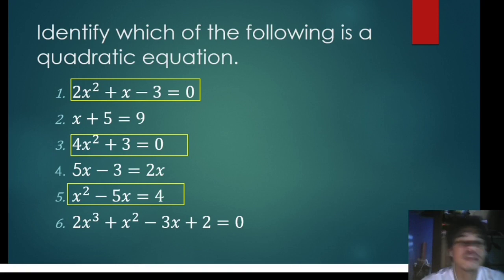Going back to the definition of quadratic equation, it is a second degree equation in which the highest degree or the highest exponent is only 2. Since this equation has the highest degree of 3, we cannot consider this equation as quadratic. Therefore, equation number 6 is not a quadratic equation.